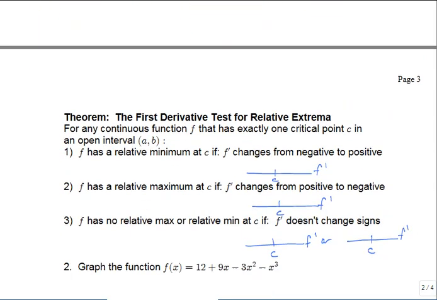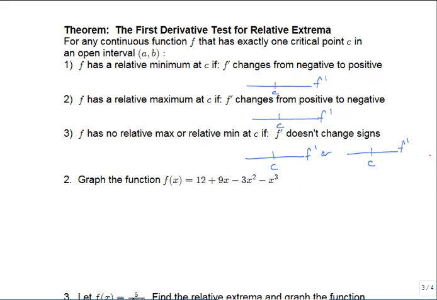So this is called our first derivative test. If you have a continuous function that has exactly one critical point in an interval a to b, then that critical number will be a relative minimum if the derivative changes from a negative to a positive. And that's because we're falling on the left and rising on the right.